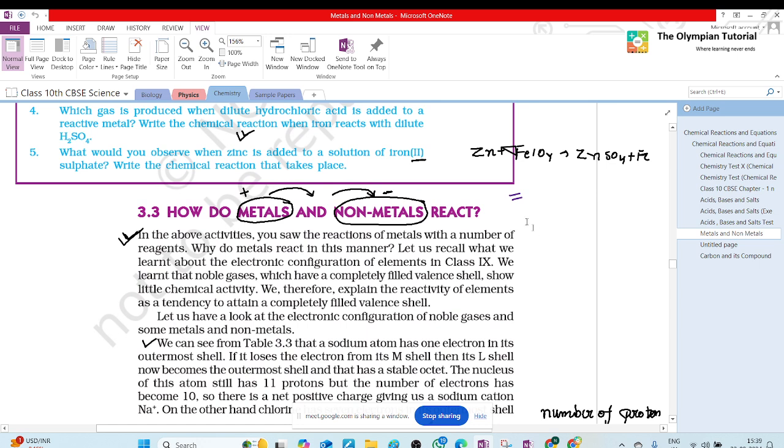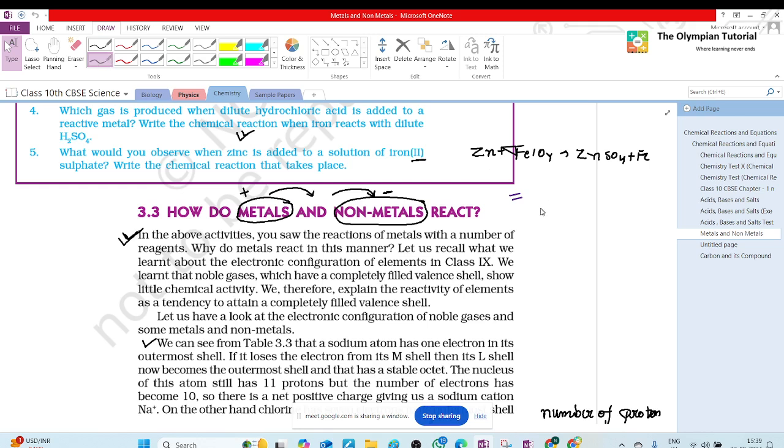Like NaCl. Na is 2, 8, 1 and Cl is 2, 8, 7. So what will sodium do?